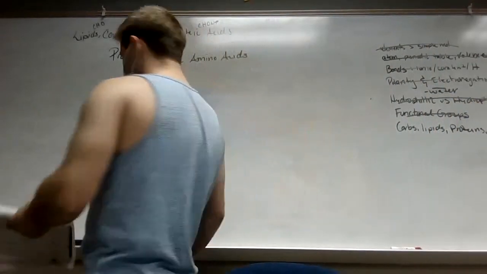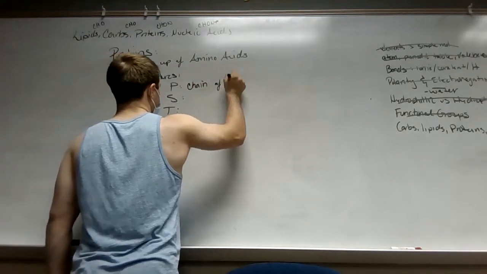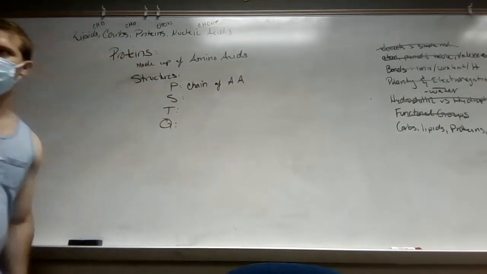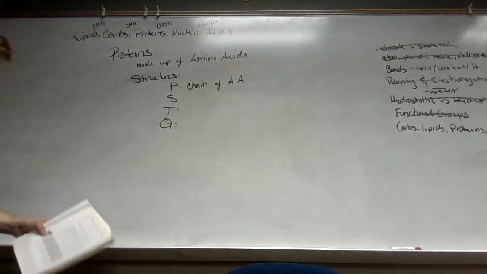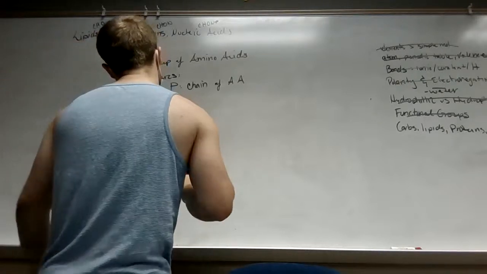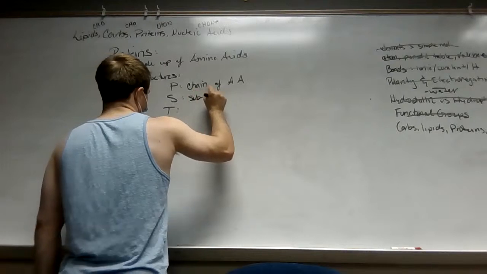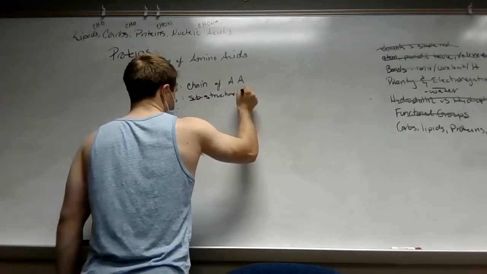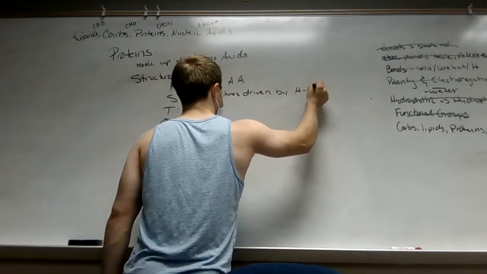So our primary structures are the chain of amino acids. Chains of amino acids. Secondary structures are the substructures driven by hydrogen bonding.